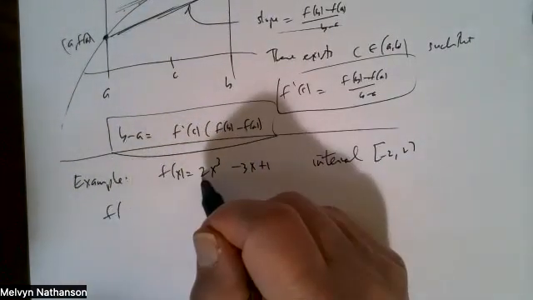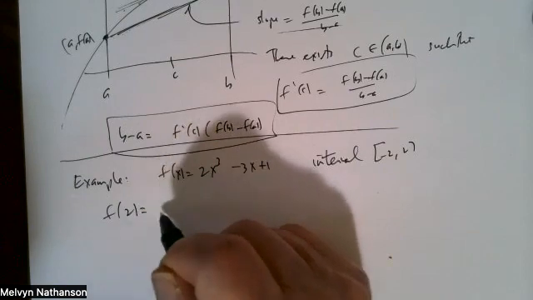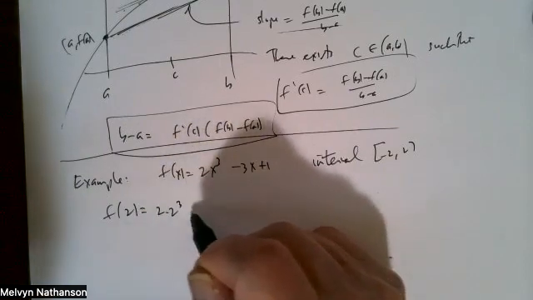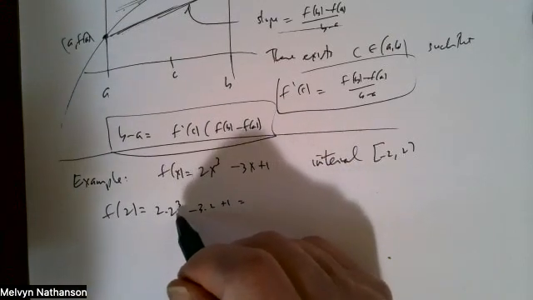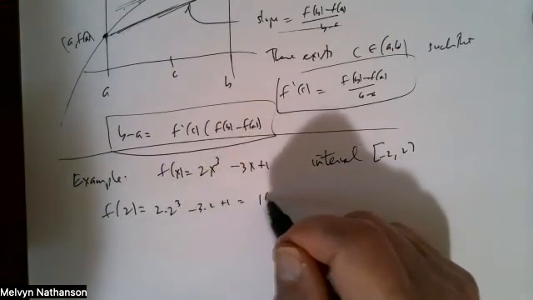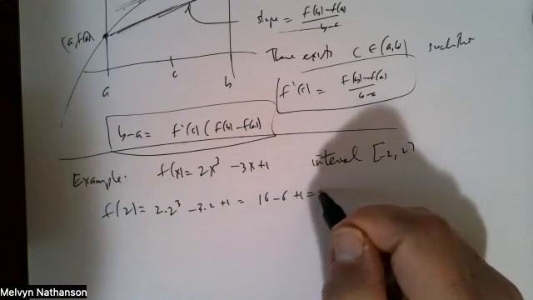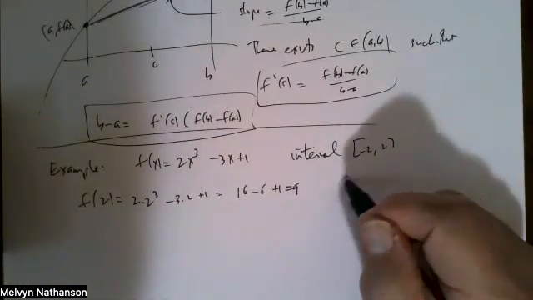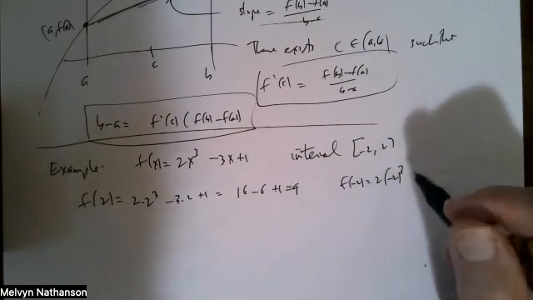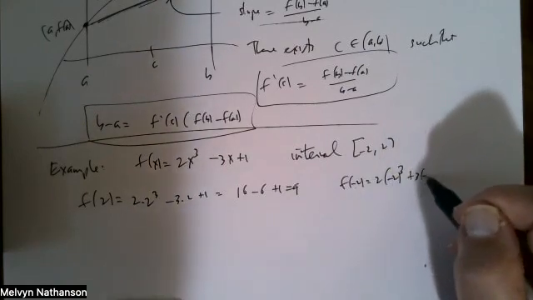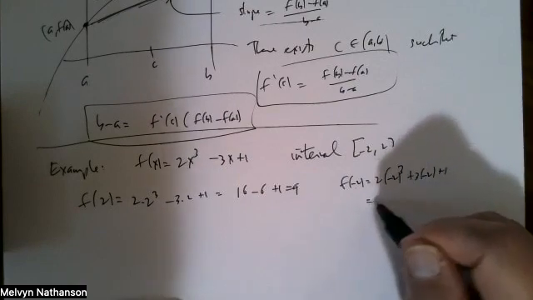So what is the value of the function at 2? F of 2 is 2 times 2 cubed minus 3 times 2 plus 1. 2 cubed is 8 times 2 is 16 minus 6 plus 1 is 11. F of minus 2 is 2 times minus 2 cubed minus 3 times minus 2 plus 1.